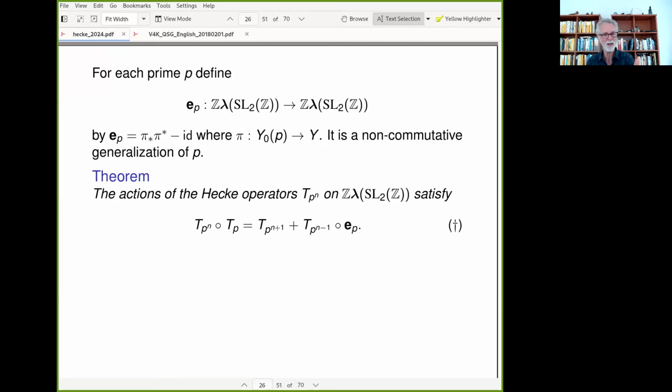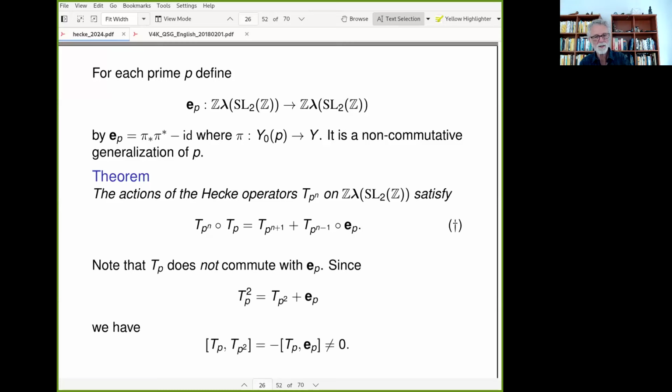I guess it isn't in the standard case, but it's going to be T_{P^n} minus 1 composed with EP. And so this may look like the standard relation. However, TP does not commute with EP. And since TP squared is the same as T_{P^2} plus EP, you see that TP does not commute with T_{P^2}, unlike in the classical case.